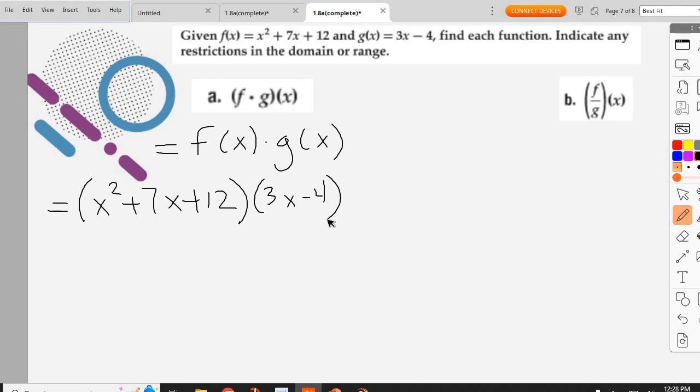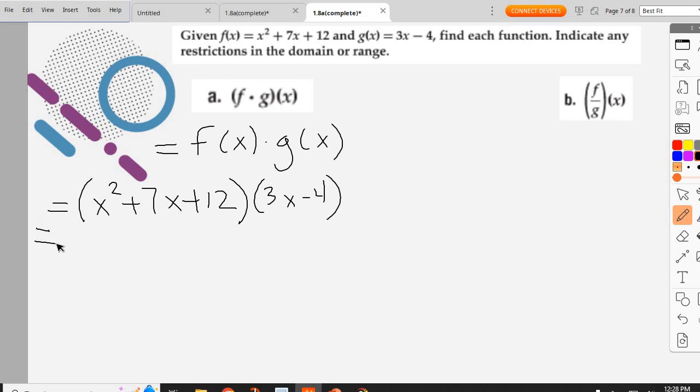Distributing is when I only have one thing in front. Yeah, so I'm going to start with x squared. So I would do x squared times 3x, and then x squared times a negative 4. And then I would do 7x times 3x, and 7x times a negative 4, and so forth until you get through all of your terms.